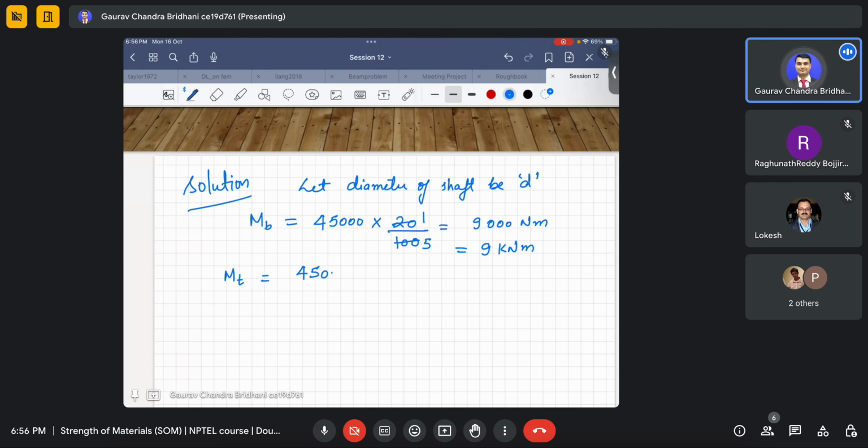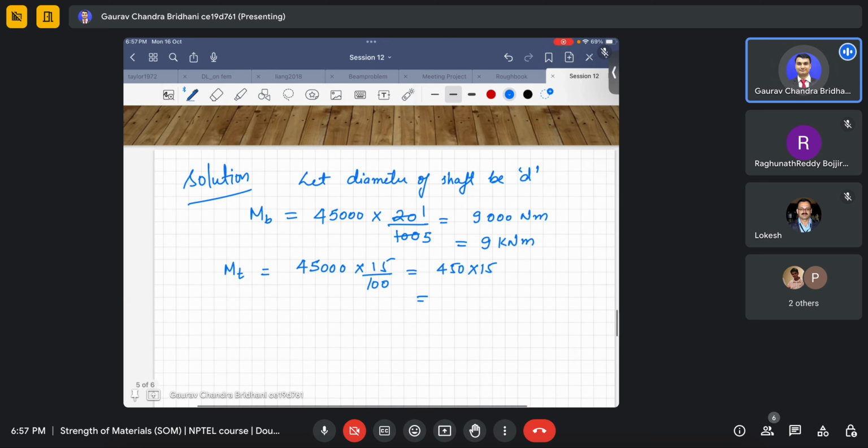It will be 45,000 into 15 by 100. So this comes out to be 6,750 Newton meter, or 6.75 kilonewton meter.